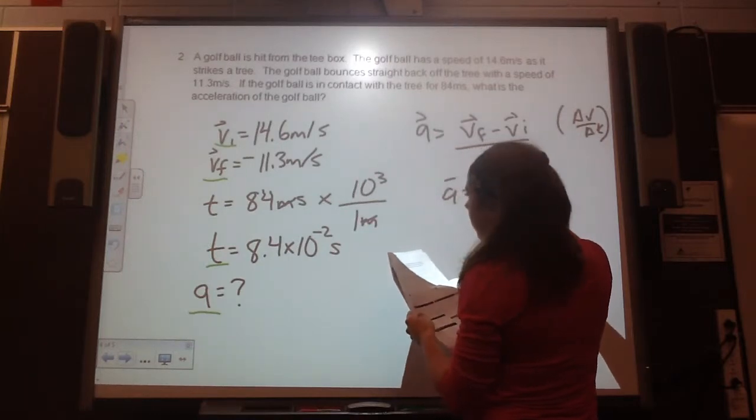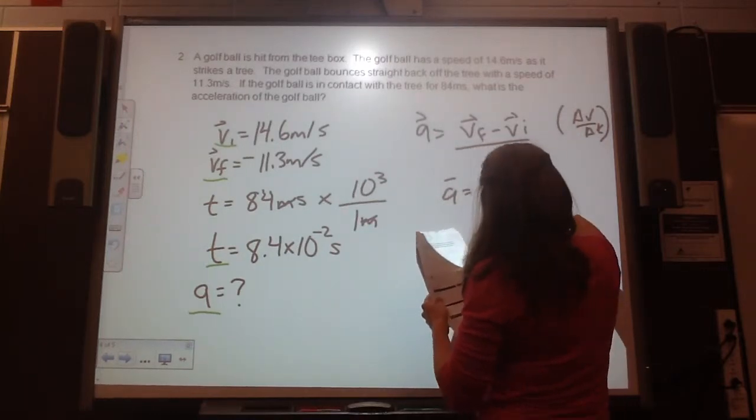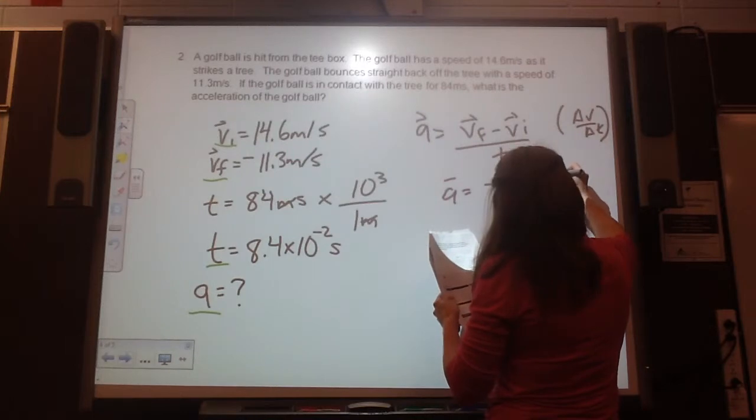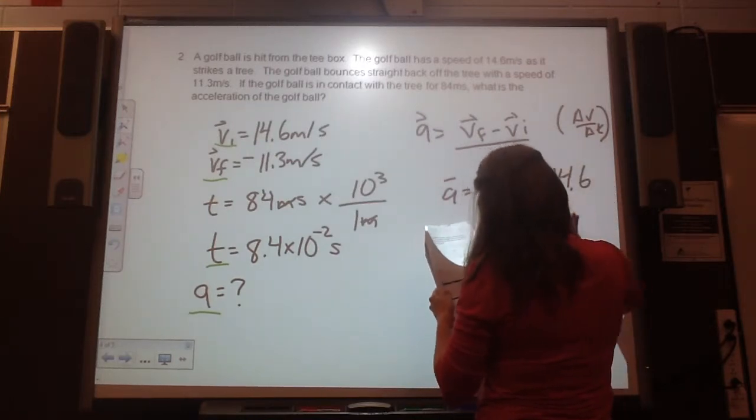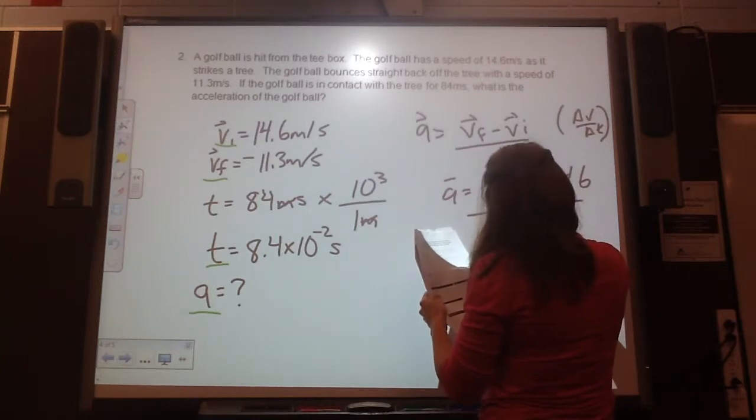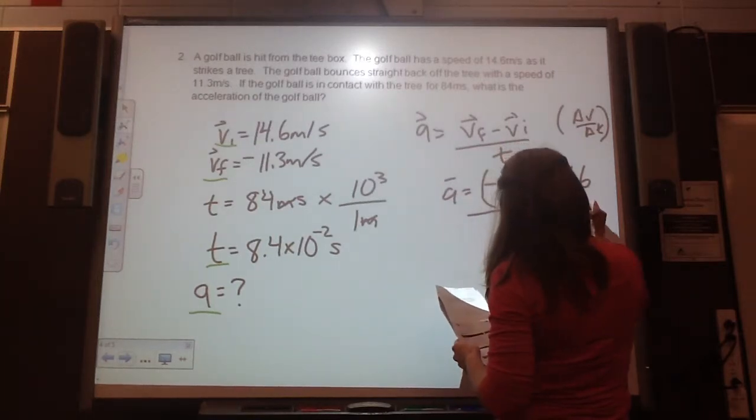And make sure you put it in your negative, so negative 11.3 minus 14.6 divided by 8.4 times 10 to the negative 2 seconds.